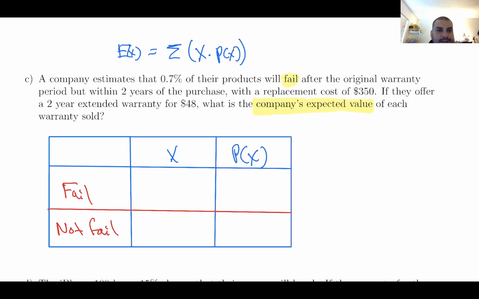So let's go ahead and do this problem. We want to find the probability that the product will fail. So what percentage of the time does the product fail? If you want, you can type it into the chat.